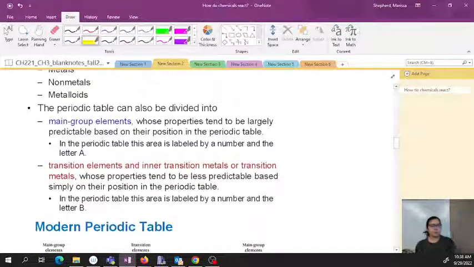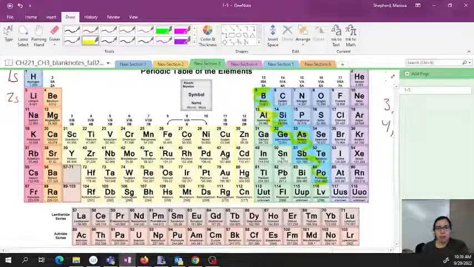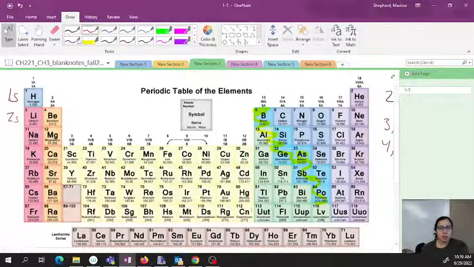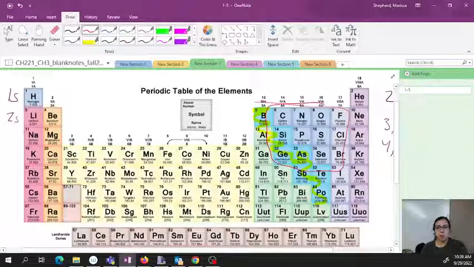And then we can also specify a few other things. Sometimes people may refer to main group elements, or there's specific main group research. Anyone that is a main group chemist would typically be looking at these main group elements, so boron, aluminum, silicon, gallium, germanium, nitrogen, phosphorus, arsenic. So these are generally your main group.